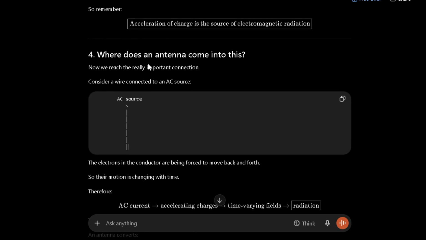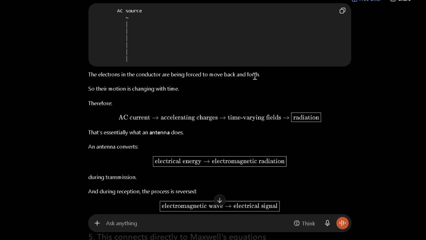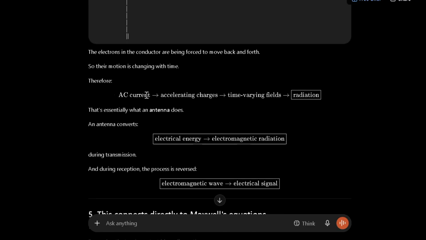Where does an antenna come into this? Since they are connected to an AC source, the electrons in the conductor are forced to move back and forth. So their motion is changing with time. AC current means accelerating charges, time-varying fields, radiation. That's essentially what an antenna does.